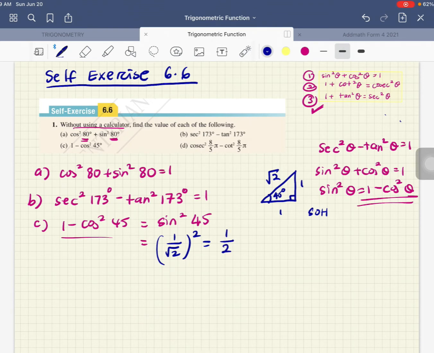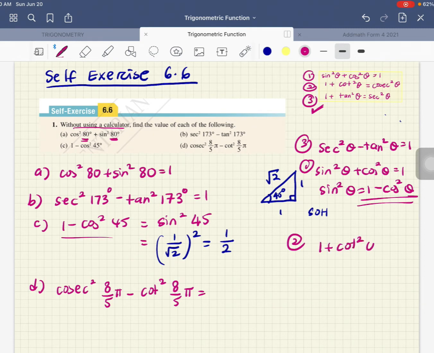Okay, so question D, the last one, is cosecant squared 8 over 5 pi. So they are using radians. I think this is using the second identity. If I rearrange it, 1 plus cot squared theta equals cosecant squared theta.